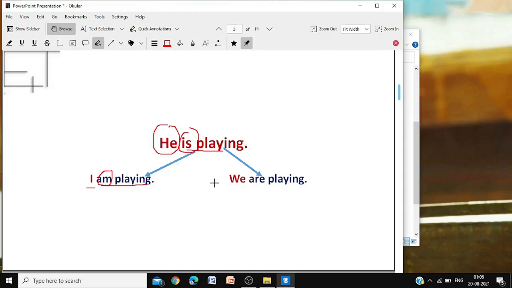If we change it to we, for instance, he is changed to we, then is playing becomes are playing. It becomes are. So here we are changing in person from third person to first person, and here we are making it plural, singular to plural.